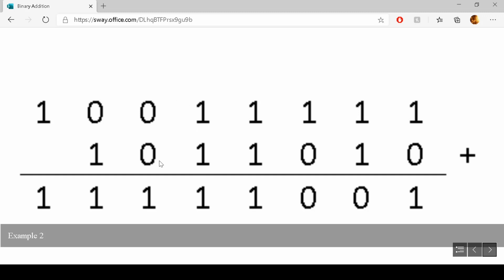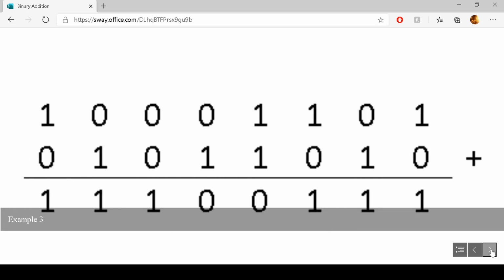In this column, we have 1 plus 0 plus 0, so the result is 1. Moving on to the next column, we have 1 plus 0, so the result is 1. And the last column, we just have 1 on its own, so the result is 1. And there we have the addition of these two numbers.